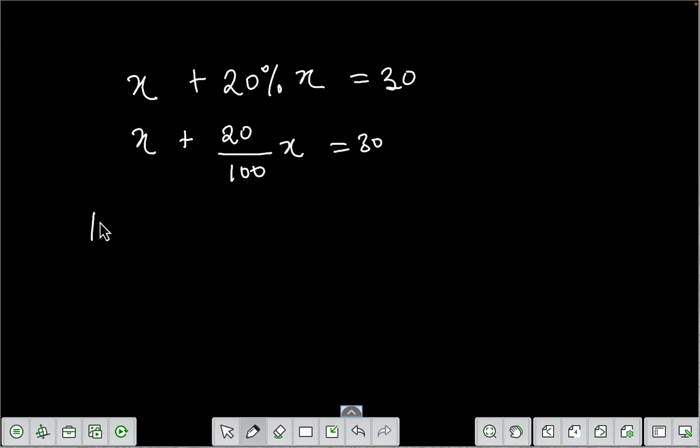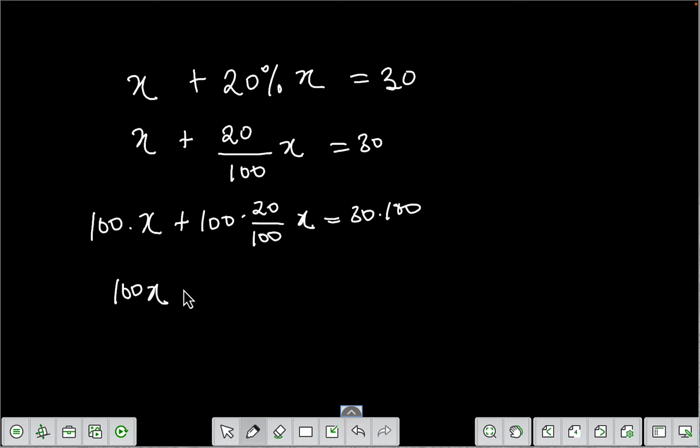We multiply each term by 100. This gives me 100x plus 100 cancels 100. This gives me 20x equals 30 times 100 is 3,000. So 100x plus 20x will give me 120x, and that is equal to 3,000.